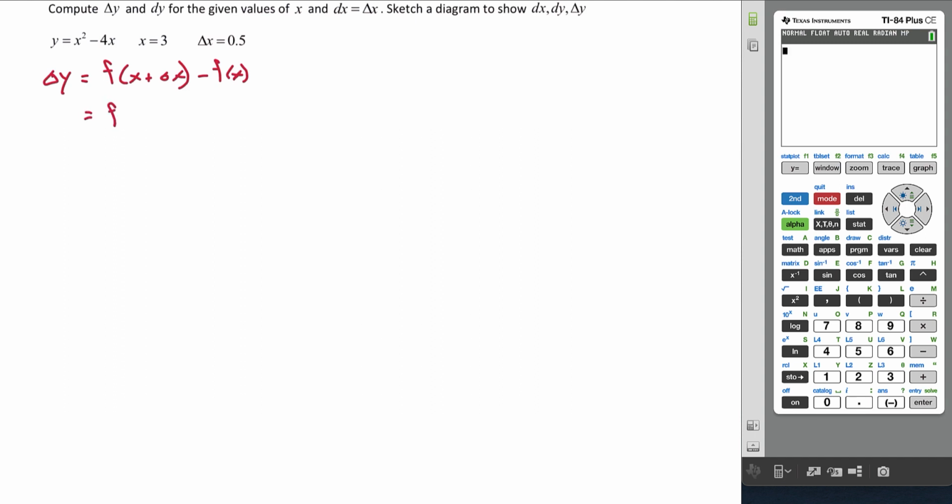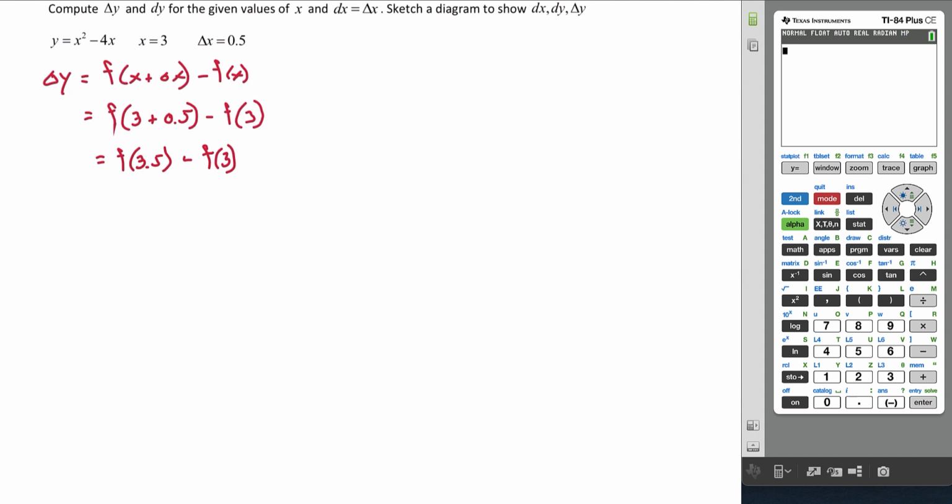So x in this case is 3. We're told that delta x is 0.5. And f of x again we said is 3. So now we have f of 3.5 minus f of 3.